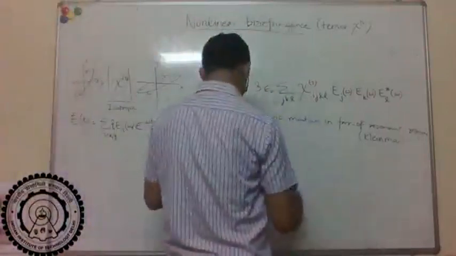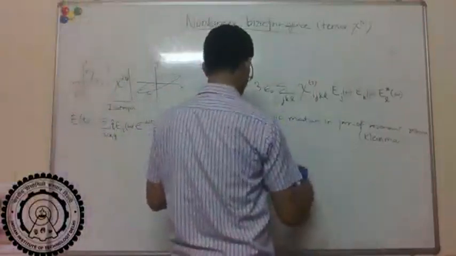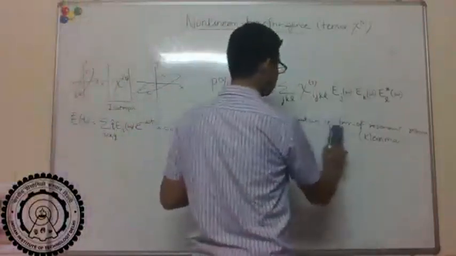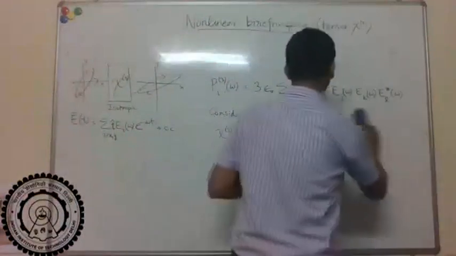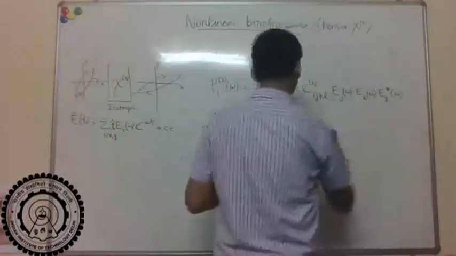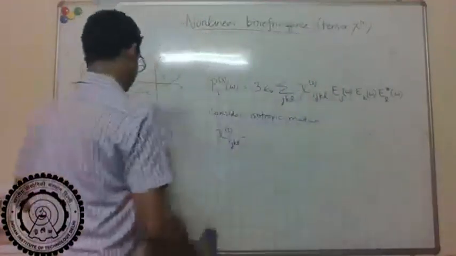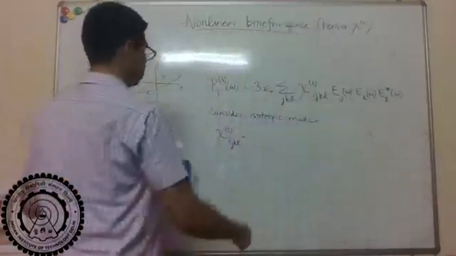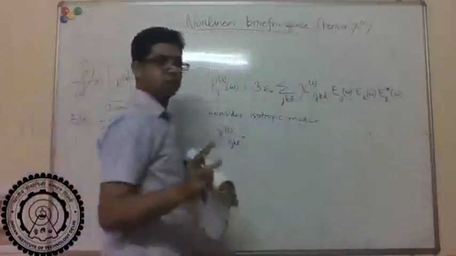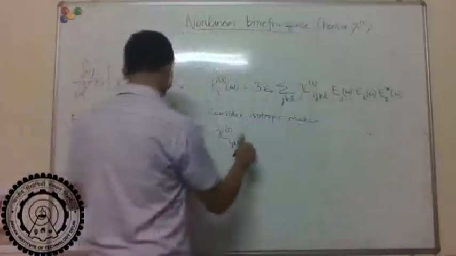Actually, for now let's not introduce the Kleinman symmetry. So if I just consider an isotropic medium, then you know that there are only three independent elements.